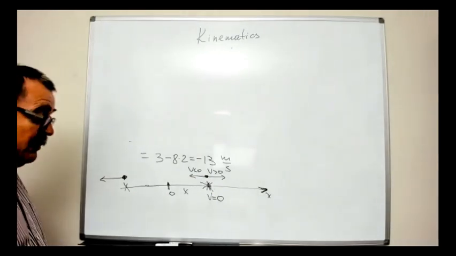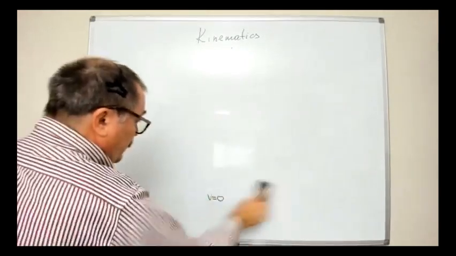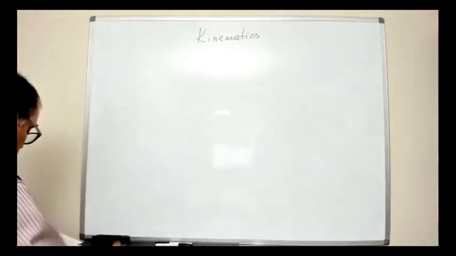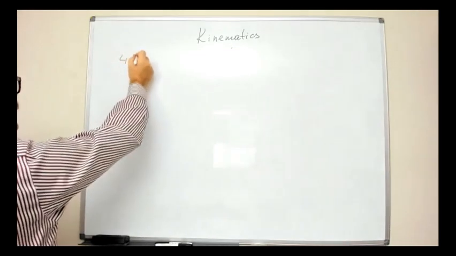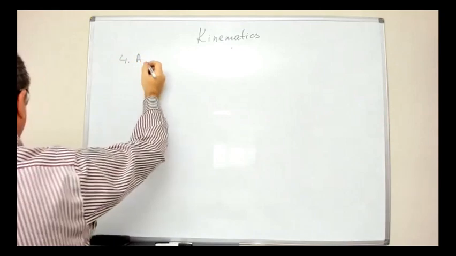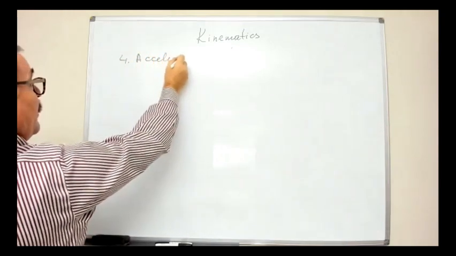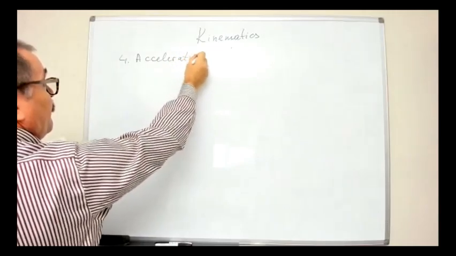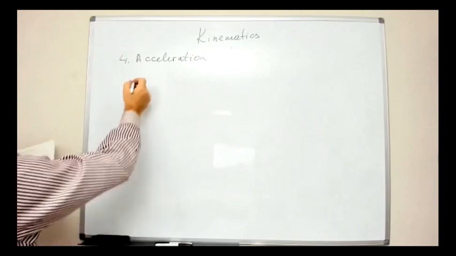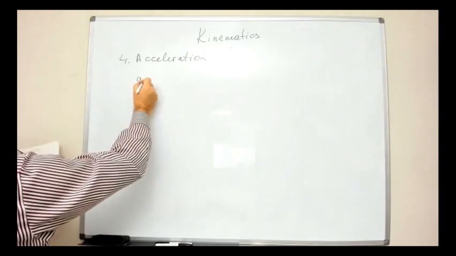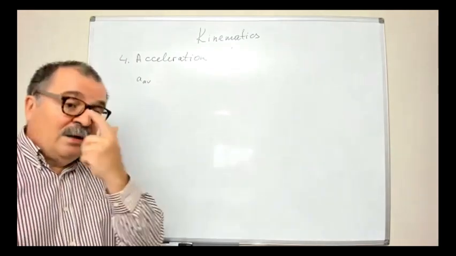All right, so let me now describe acceleration, this fourth property. Let me start with the average acceleration, a average. I will use the letter a for the acceleration.